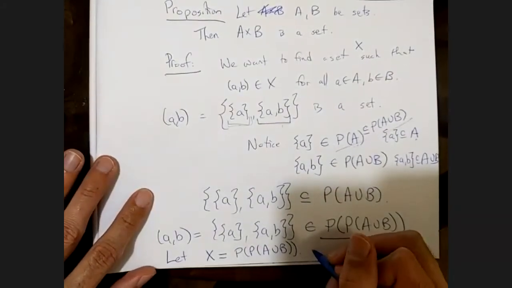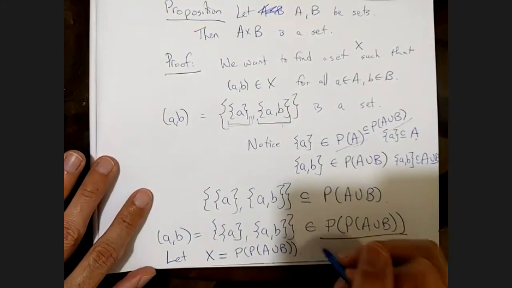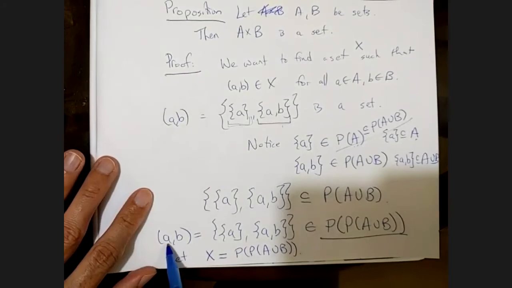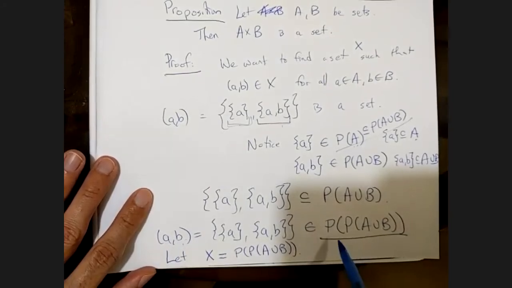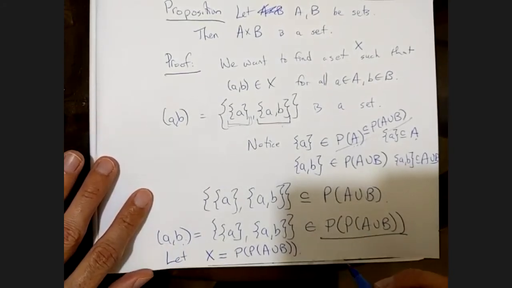Then any ordered pair A, A comma B is an element of this set X.